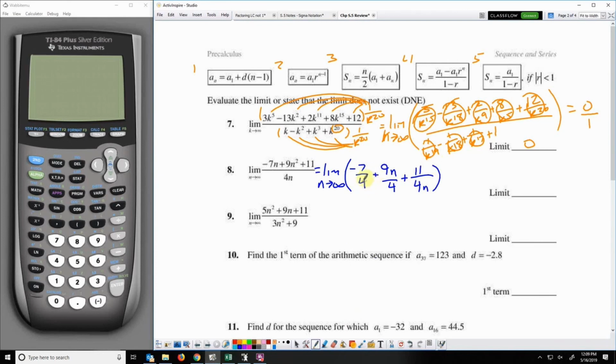Negative 7 fourths does not have a variable, so it will stay. 9n over 4 has an n in the numerator, so this fraction is going to get bigger and bigger as n increases, approaching infinity. And 11 over 4n, it's the denominator that's growing, so it approaches 0. Negative 7 fourths plus infinity plus 0 is infinity, which means there is no limit, or the limit does not exist.